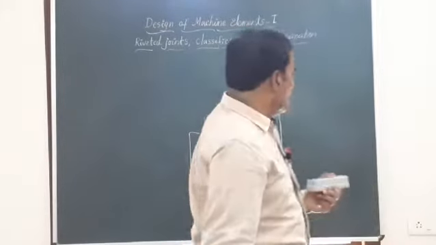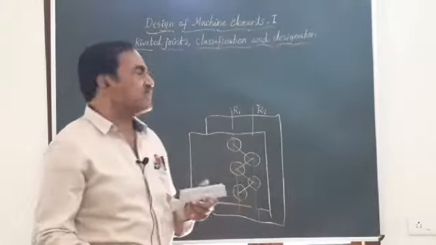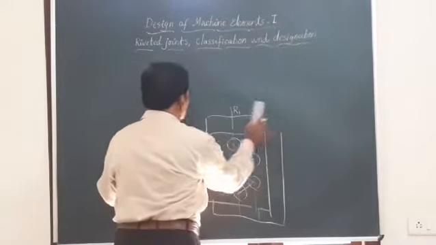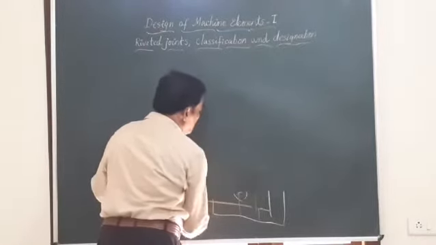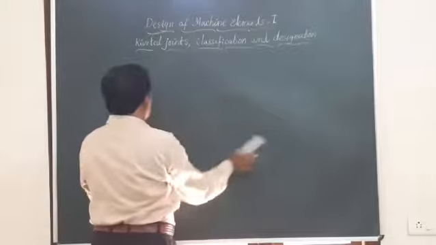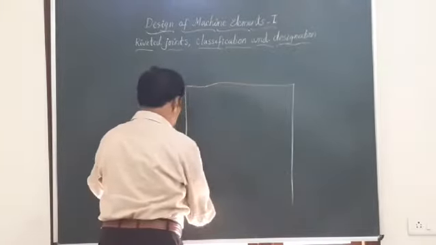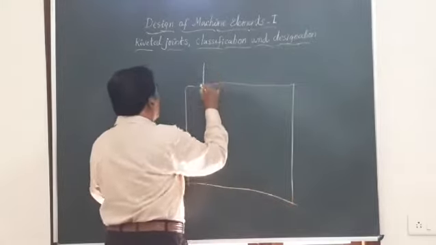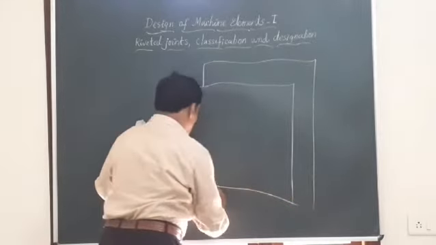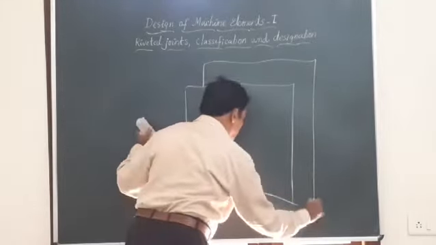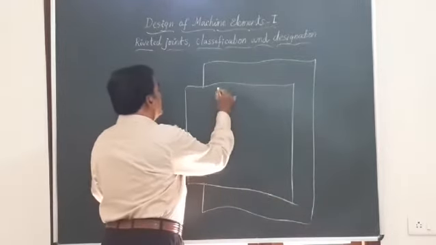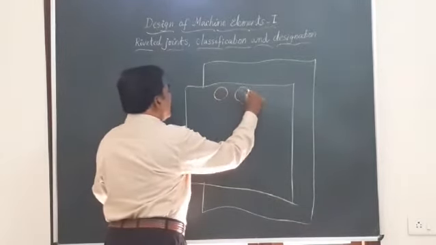And friends, there are some special types of these riveted joints also, wherein the pitch of these rivets in the outer row will be twice that in the inner row, and so on. For example, if you have these 2 plates placed one over the other, plate number 1, plate number 2, there could be an arrangement like this.